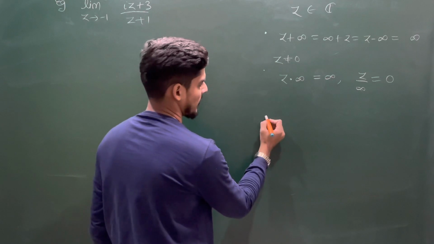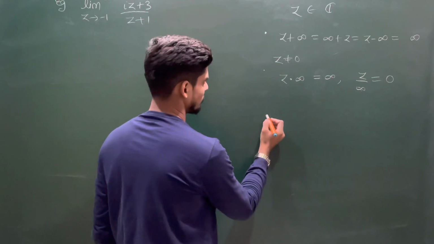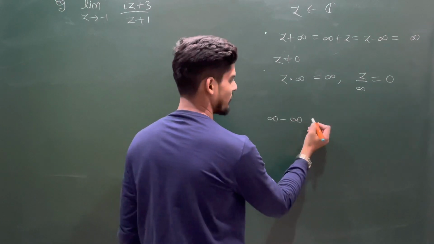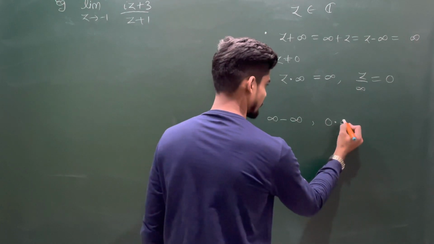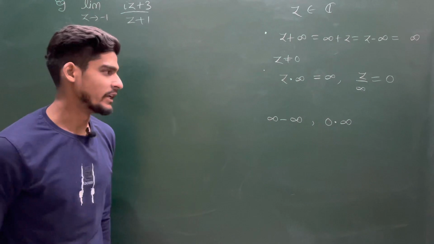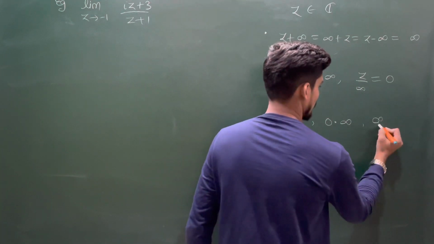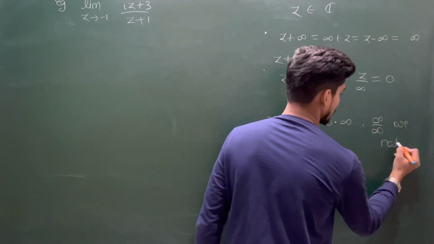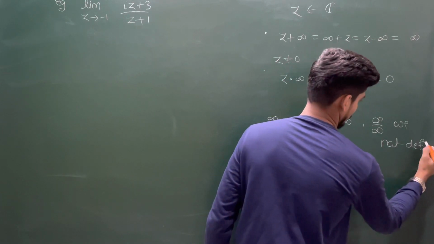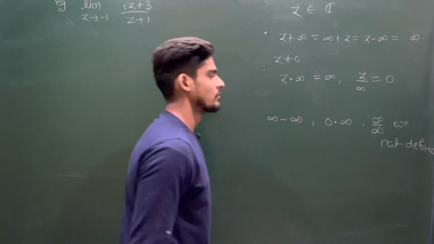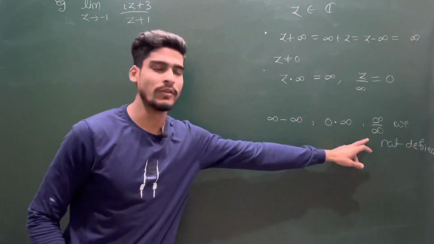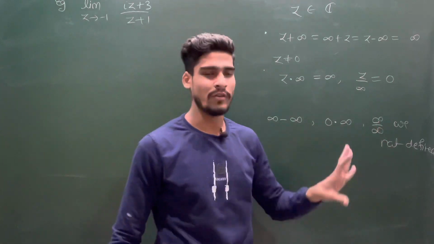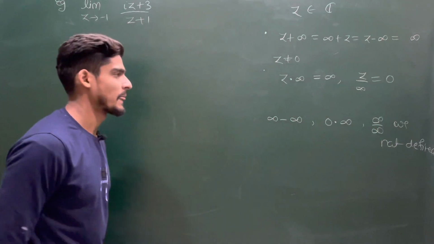Now, infinity minus infinity, 0 into infinity, infinity by infinity are not defined. So these three operations on infinity are not defined. So whenever we are getting this situation, we will assume our case is not defined.